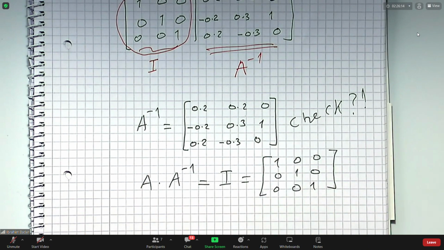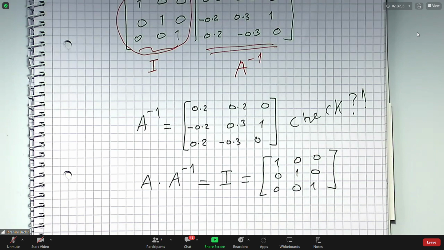So please check that. It's a good exercise where you just have to just practice multiplication, actually. Just practice multiplication.